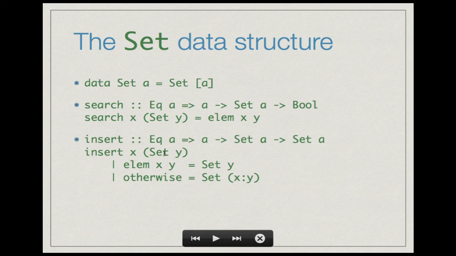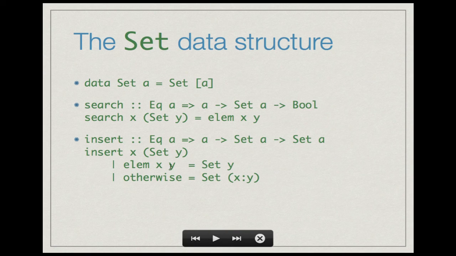Insert can be implemented as follows. Insert is a function with signature Eq a => a -> Set a -> Set a. This is the original set and this is the set that we get after the element has been inserted. Insert x inside Set y, there are two cases. If x is an element of y, you just return Set y.